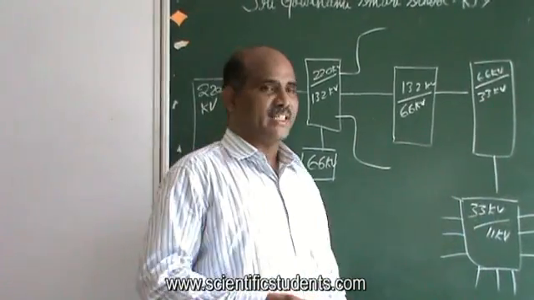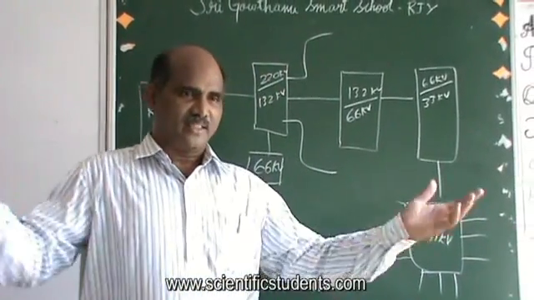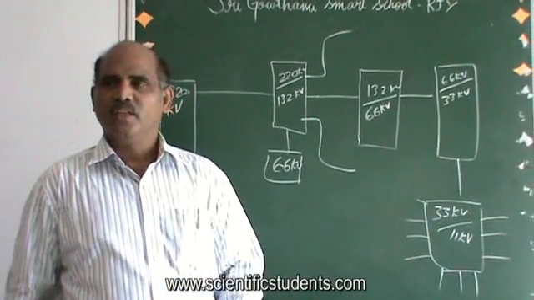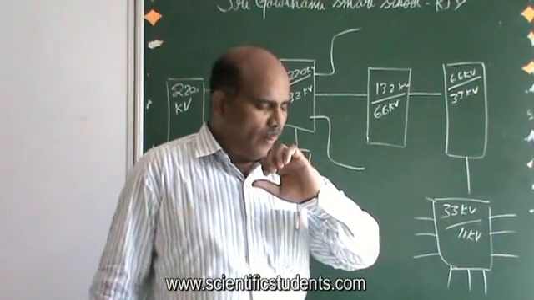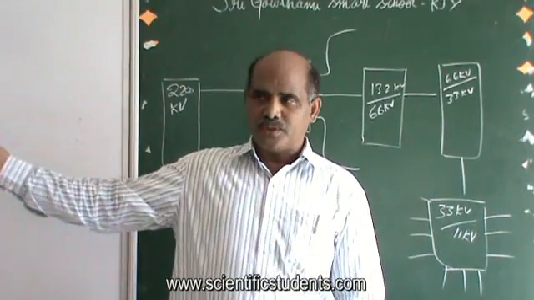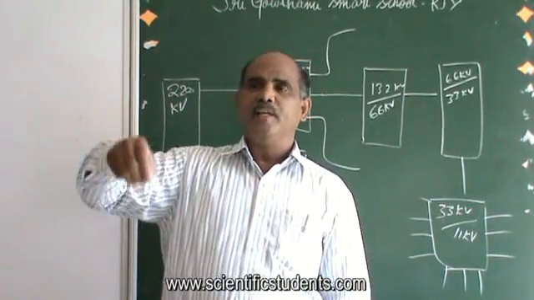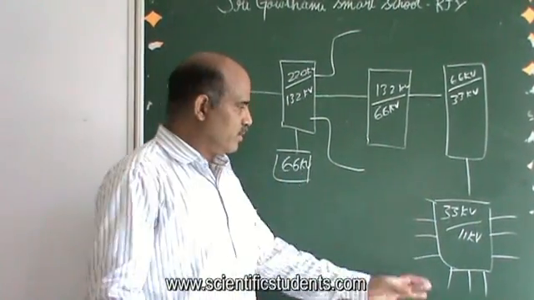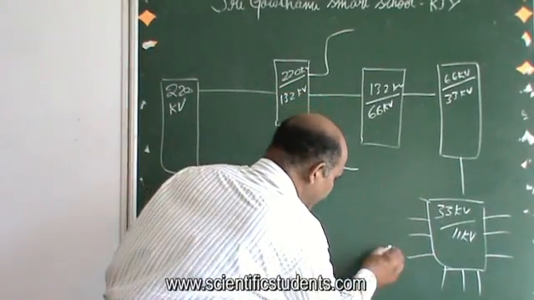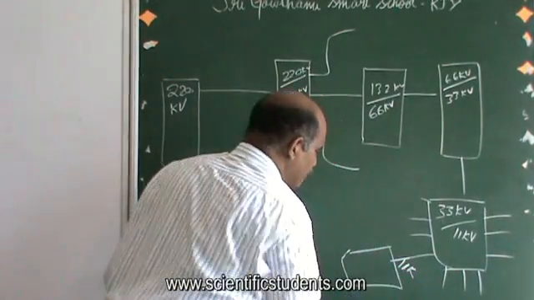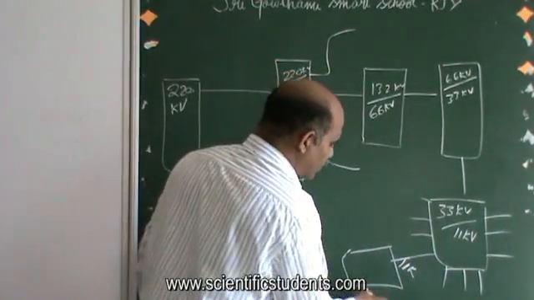So every substation has some 15-20 feeders, and every feeder feeds one entire area. So all 11 kVs will be going out. Finally, what I mean to say is that the transformers we see on the roads get an input voltage of 11 kV. The transformers we have on the streets receive 11 kV and then give out 220 volts.